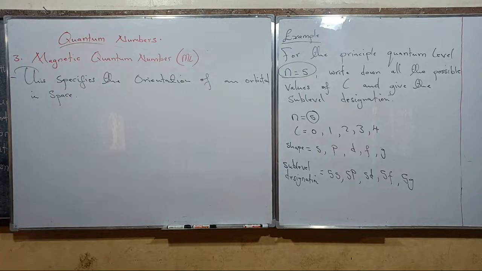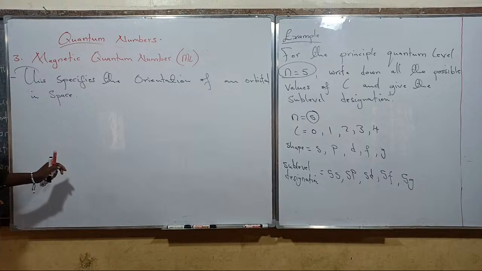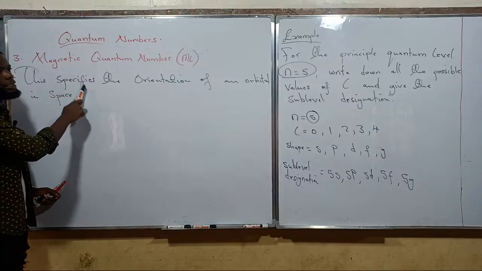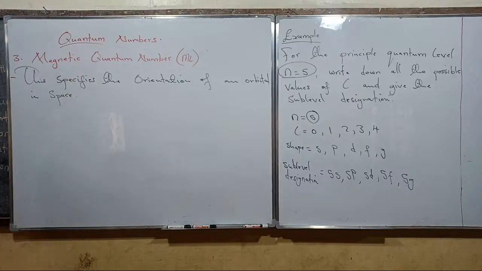This quantum number only specifies how an atomic orbital is going to be arranged in space.